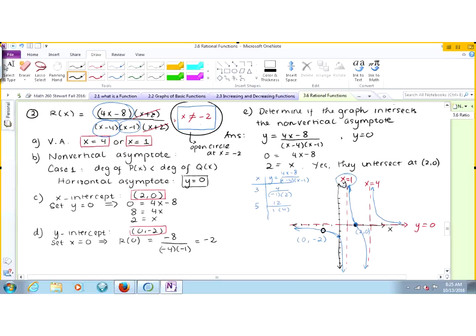Whenever I cancel, there is a hole. Whenever I have cancellations like this, I do not have a vertical asymptote, but I have a hole. Do you see what I cancel here? Otherwise I will say I have a vertical asymptote here, right? If I don't cancel. But I cancel, so I have a hole.